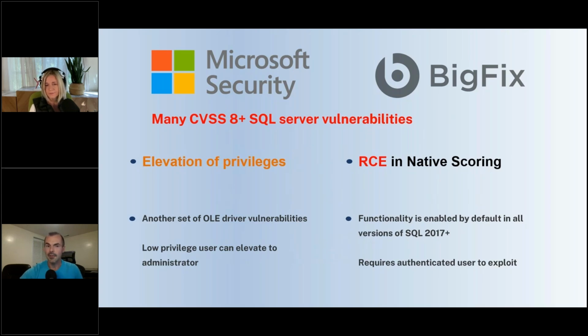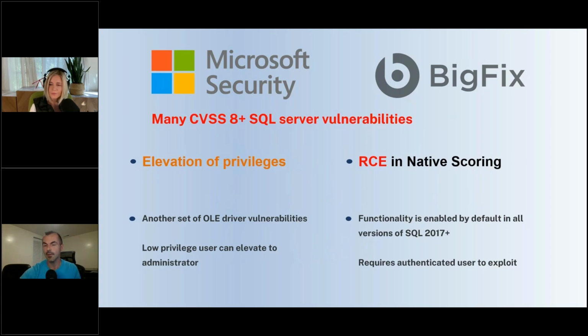And then the other side to SQL this month is a remote code execution vulnerability in native scoring. I think most people probably aren't familiar with native scoring, but it's enabled by default on everything newer than SQL 2017, and it's a machine learning function of SQL.